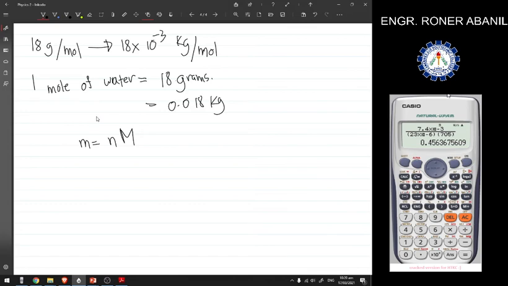So, i-replace lang natin yung formula kanina. Wait lang, hanapin ko lang yung formula. So, yung formula kanina nung specific heat, yung Q, Q is equal to mcΔT.